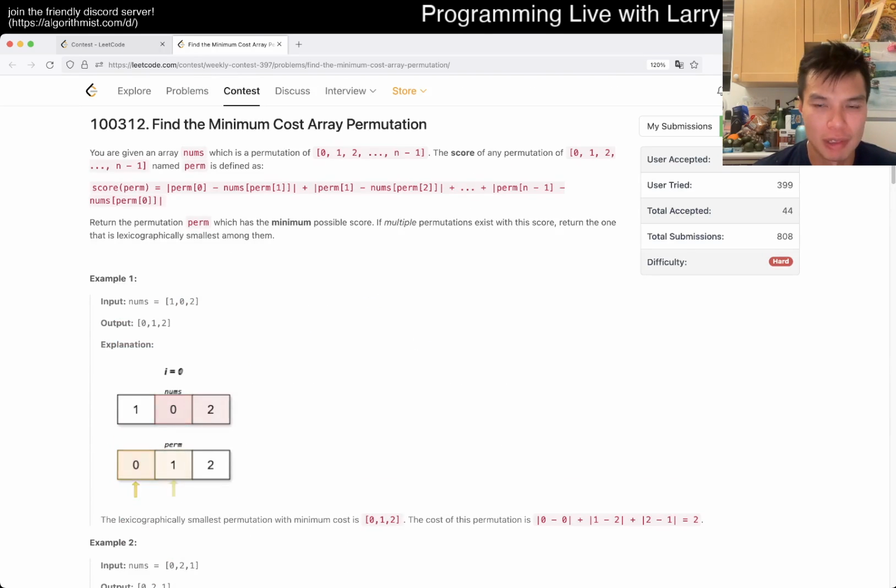Trying to take out the absolute value, but this way is definitely not working. I don't know how to remove this.